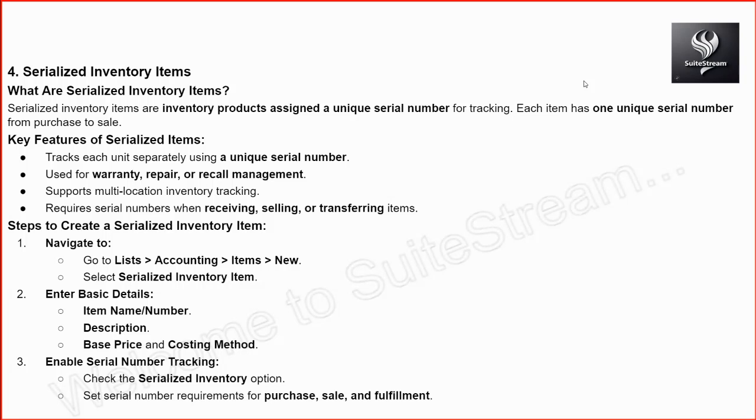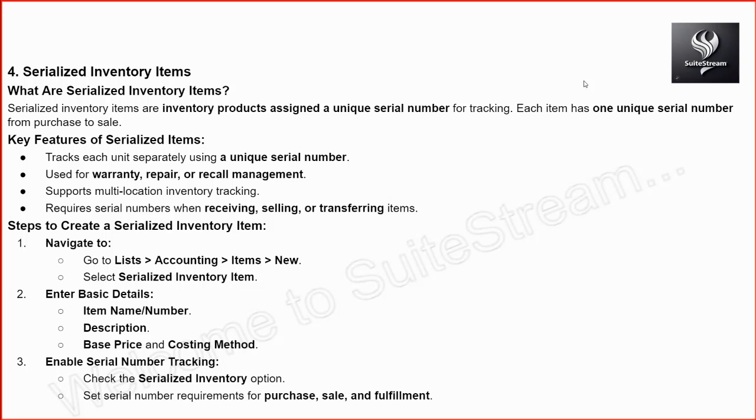Key features of a serialized item: track each unit separately using a unique serial number, used for warranty, repair, or recall management. It supports multi-location inventory tracking, and requires a serial number when receiving, selling, or transferring items.